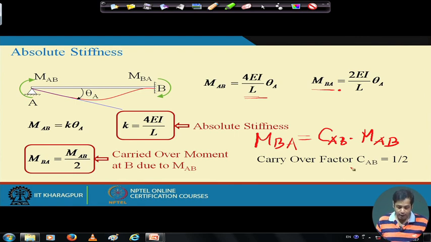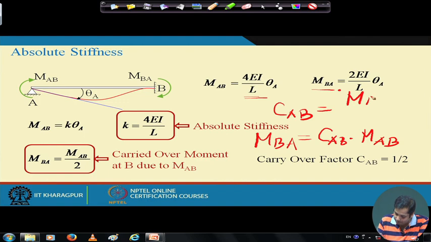So CAB is equal to MBA divided by MAB. The carryover factor tells you what fraction of moment gets transferred to the other joint when you apply a moment at any joint.